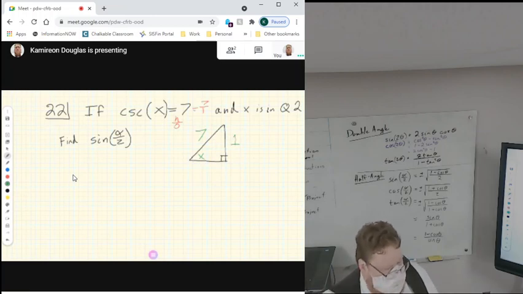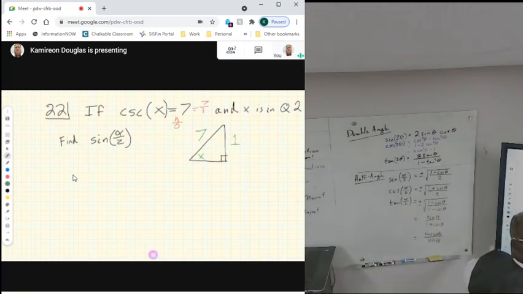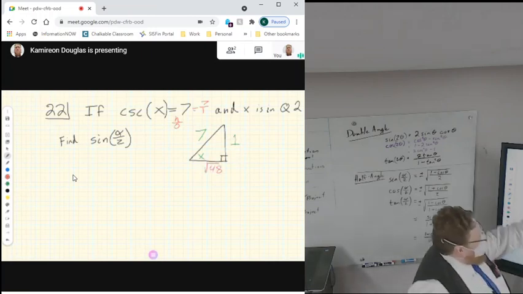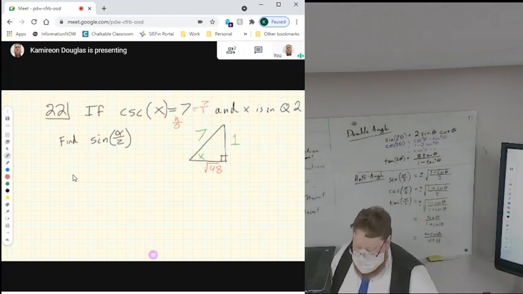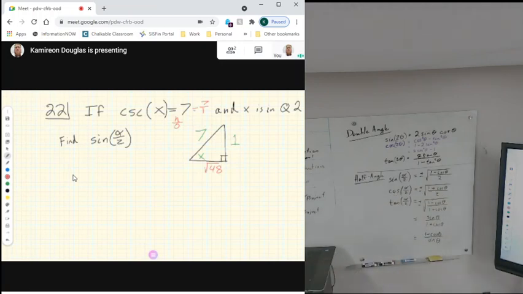The other side is square root of 48. Square root of 48. Beautiful. All right. We want to find sine of alpha over 2. We have drawn the picture. We have used the Pythagorean's theorem. I'm now going to attempt to find sine of alpha over 2.